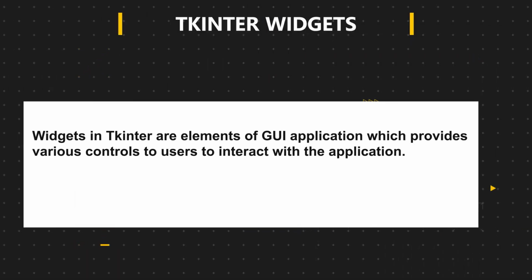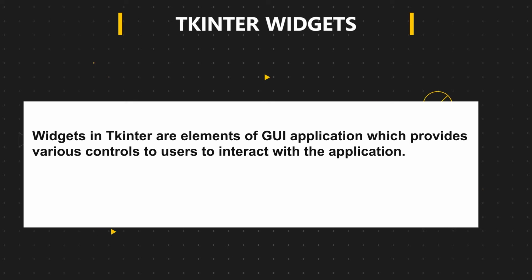I've mentioned widgets severally, so you ask what exactly are widgets? Widgets in Tkinter are the elements of the GUI application which provide various controls to users so that they can interact with the application. The various widgets we have include labels, that display text or the label of another widget.